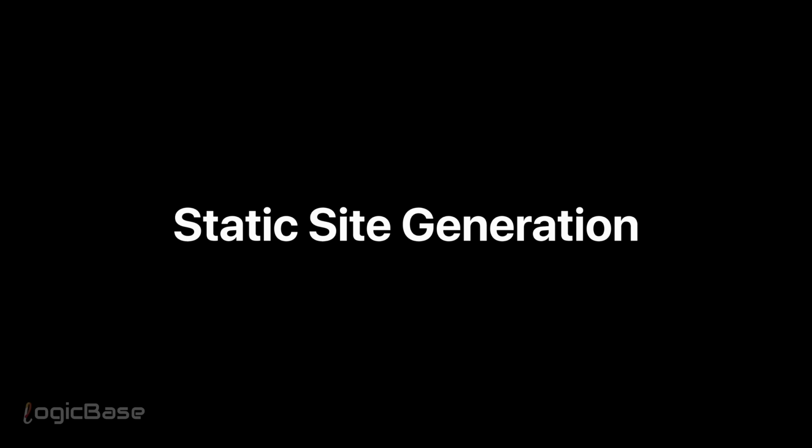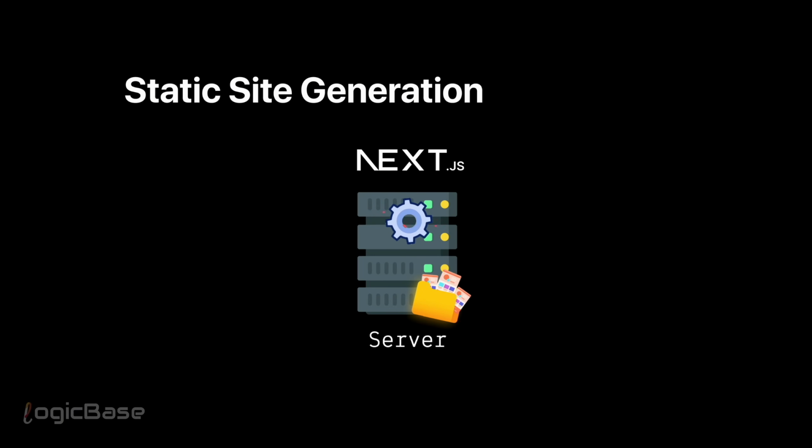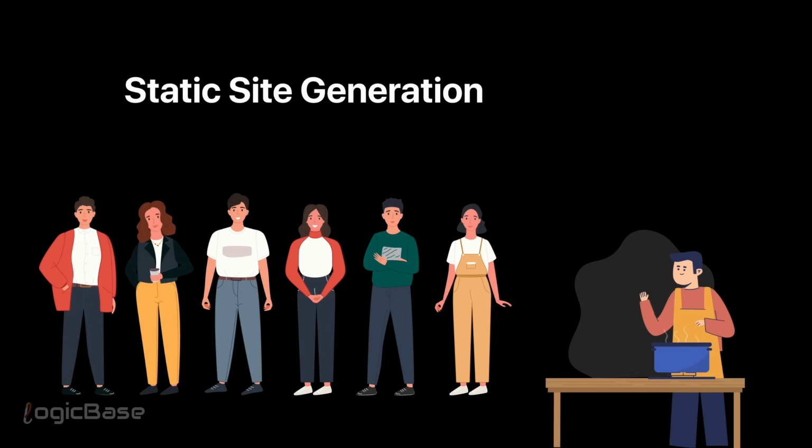Let's begin with static site generation or SSG. SSG is a process where your site's pages are generated ahead of time, right when you run the build command. If we go back to our restaurant analogy, think of it like this. There are a few dishes that everyone always orders. So the chef prepares those in advance.